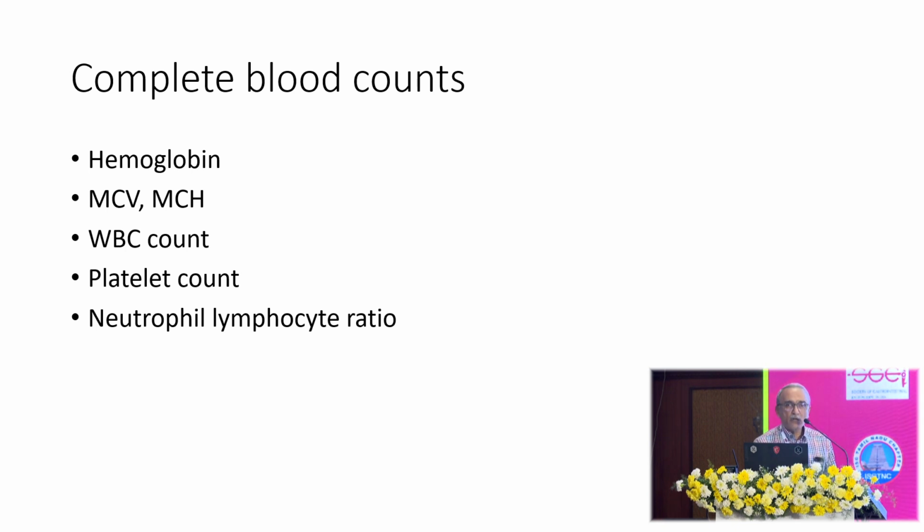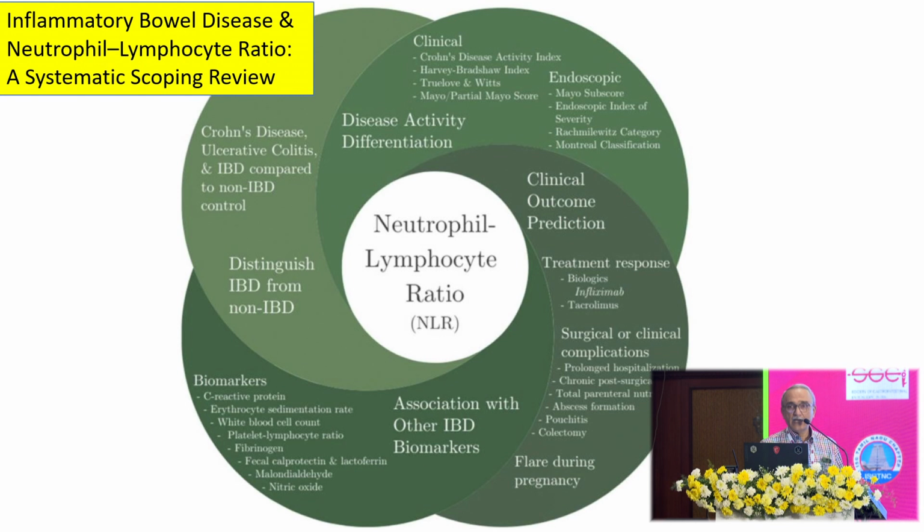There is a bit of work done on the neutrophil lymphocyte ratio, which is something that I don't use, but there's a systematic scoping review done, which was published last year, where one of the things they talk about is to distinguish IBD from non-IBD and clinical outcome prediction.